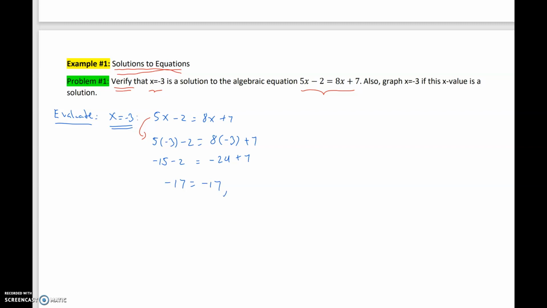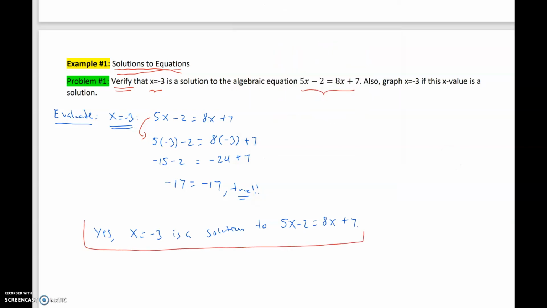And in this case, this is in fact a true statement. And we would say that yes, x is equal to -3 is a solution to, in this case, 5x minus 2 is equal to 8x plus 7. And let me just box it in because they are asking us to verify it. So we're looking at a yes or no answer.